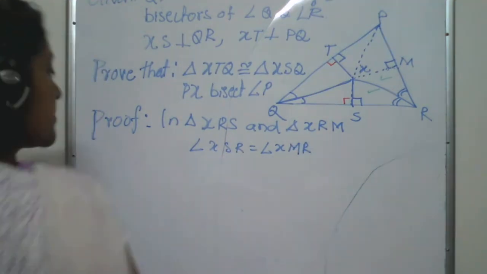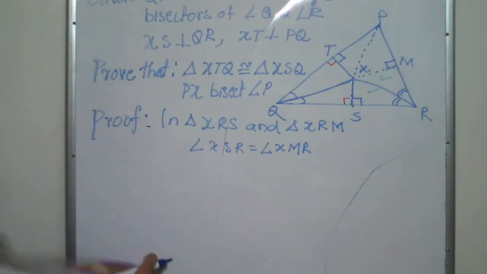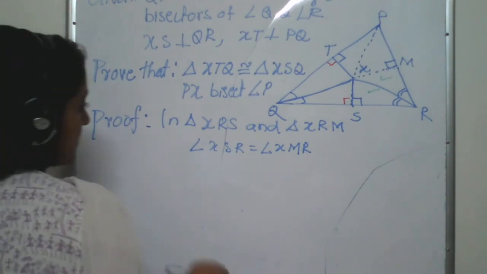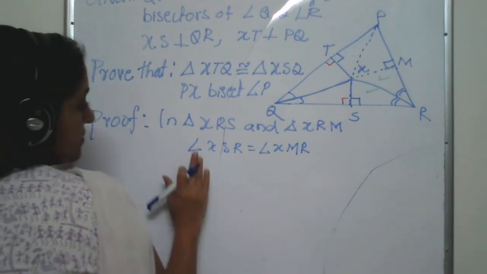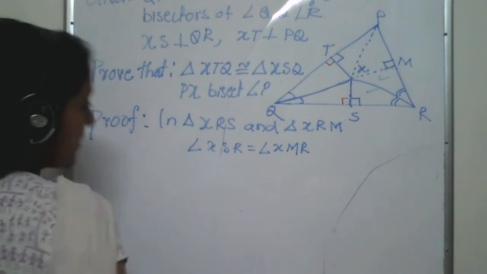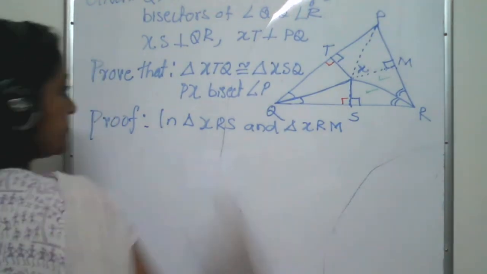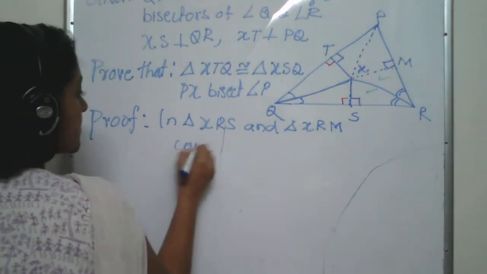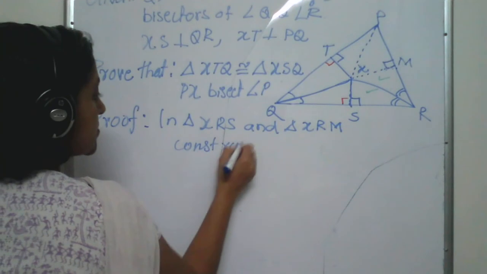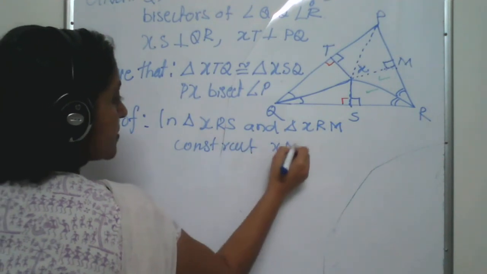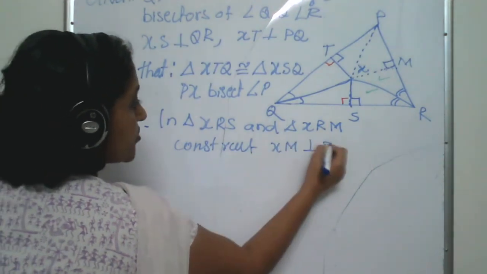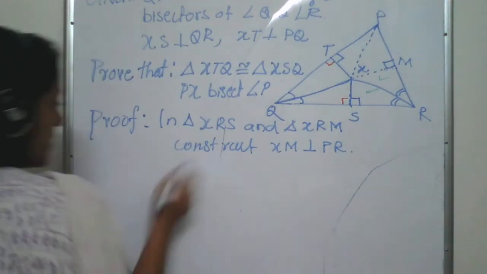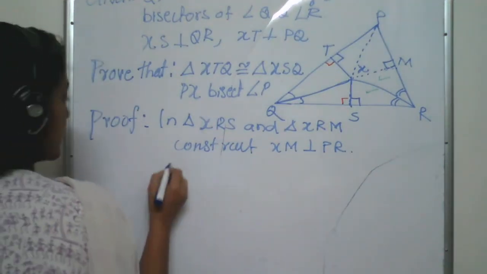Now there is a question, where did this M come from? Because it is not given and nothing is being said here. So before we write this, we can write a statement: construct XM perpendicular to PR. Then we can start writing this.